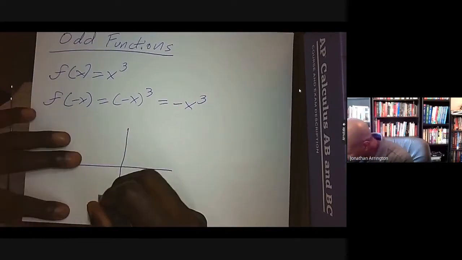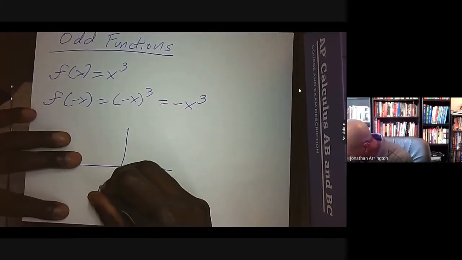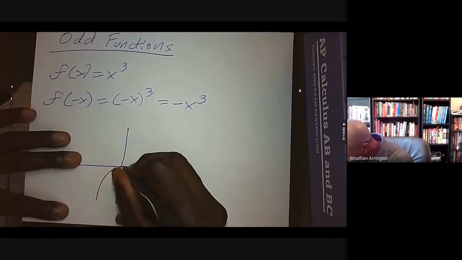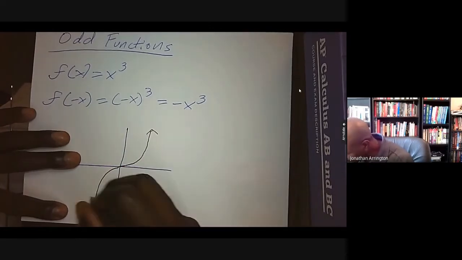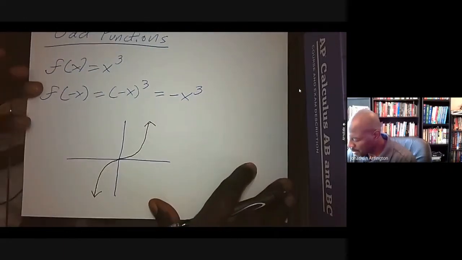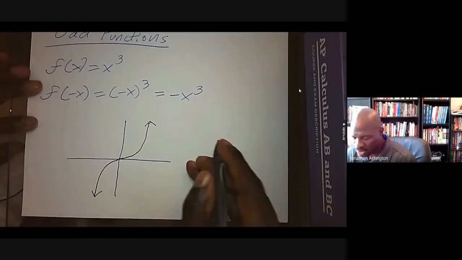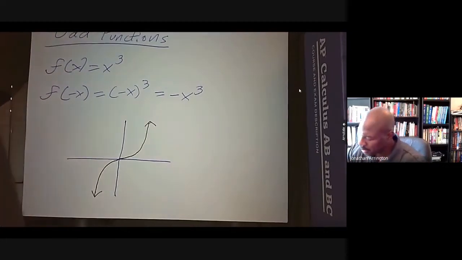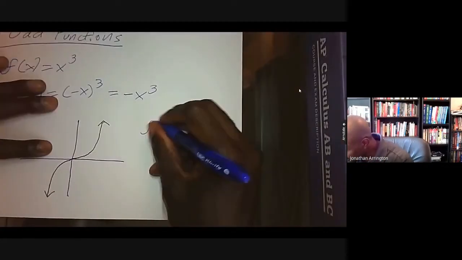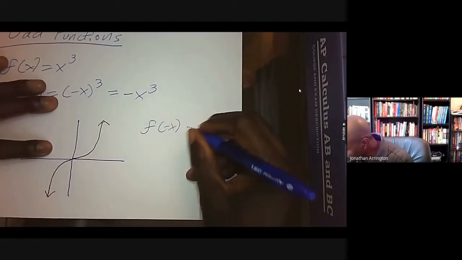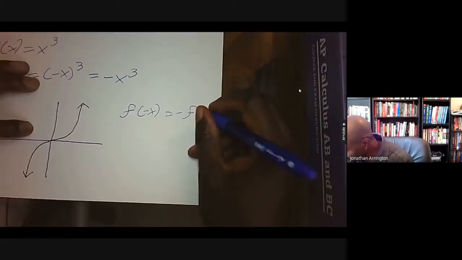So the graph of this function will look something like this. Now notice, based off the algebraic definition, that f of negative x equals negative f of x.